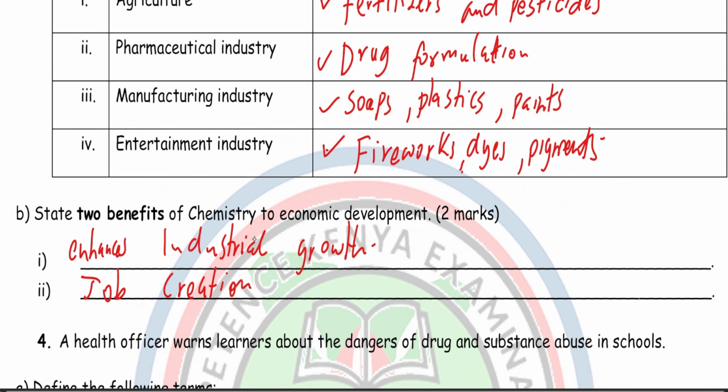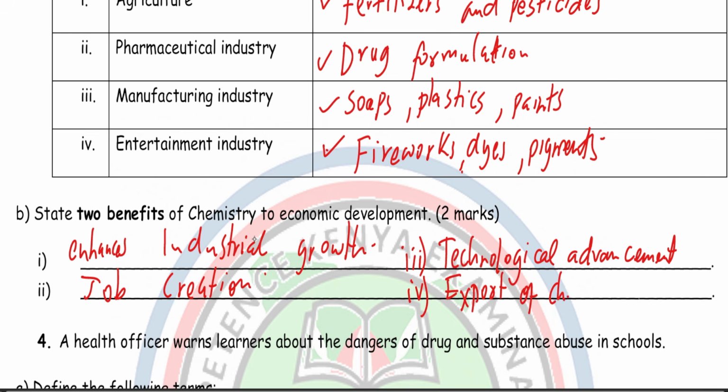You may have job creation like chemistry teachers, pharmacists and etc. We also have technological development. We use chemistry for technological advancement as well. We also have exportation of goods or of chemical products. If you form a drug, then you can export it to other countries. So export of chemical products.